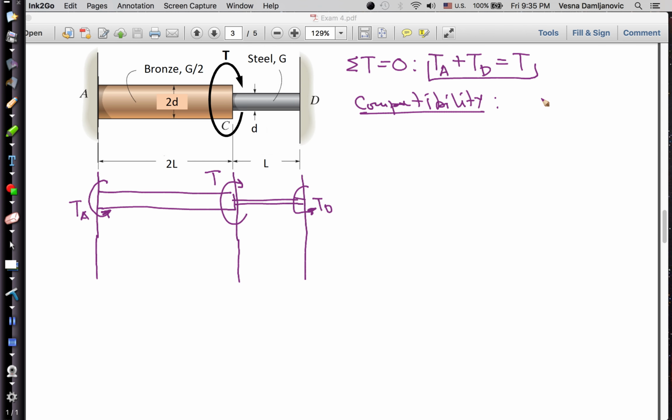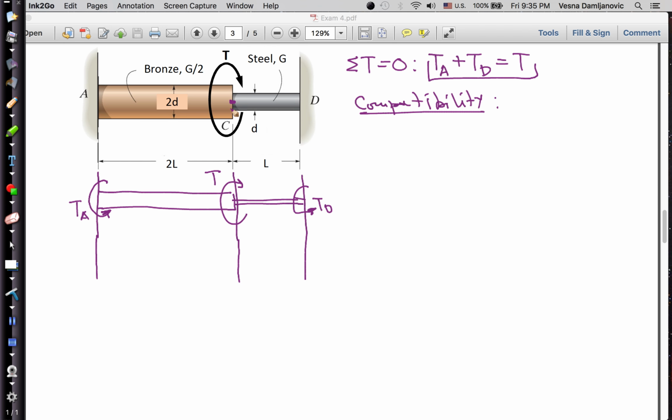Okay, and that one says that the angle right here at C, the angle of twist, what's the angle of twist at A? 0, because it's fixed to the wall. The same thing at D, 0. But there is an angle of twist here, right, that will depend on this torque. So basically the total angle of twist of C with respect to A has to be equal to the total angle of twist at C with respect to D. Right?